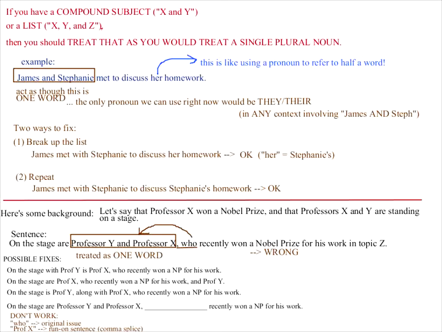The latter by itself still creates a run-on sentence because the latter recently won a prize is a sentence by itself. But you can do this. Instead of saying each of whom or both of whom, you can say the latter of whom. That will work. So these are the different ways to have a workaround of this and being treated as a single word.